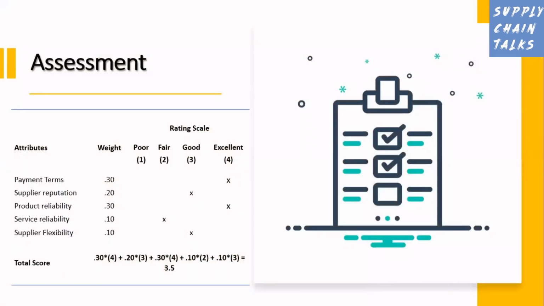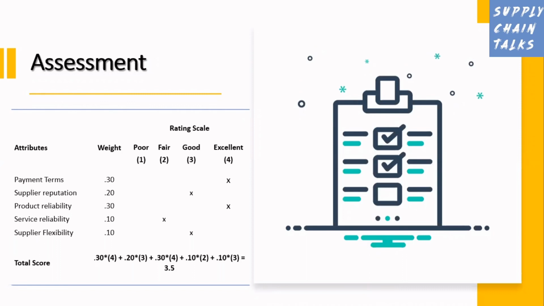On the left side of this table are the selection criteria like payment terms, reputation of the supplier, product reliability, service reliability, and supplier flexibility. The best way to conduct an assessment is to define weightage against each criteria based on their importance.